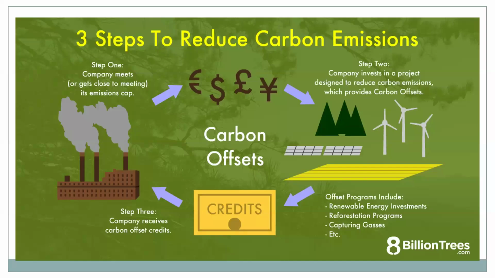Three steps to reduce carbon emission. Now, as I said before, carbon trading is carbon offsets. You get credits for offsetting. Step one, the company meets or gets close to meeting its emission cap.